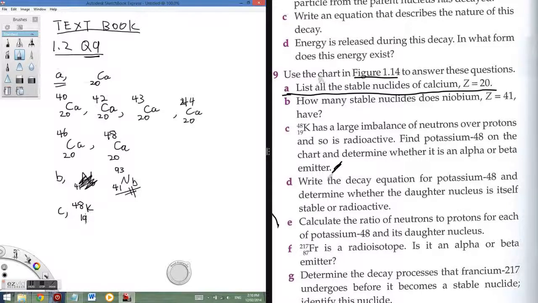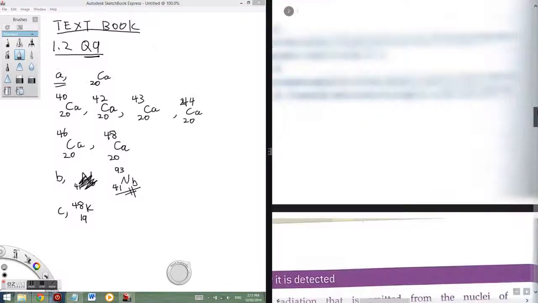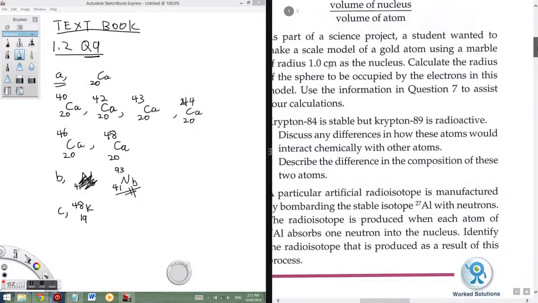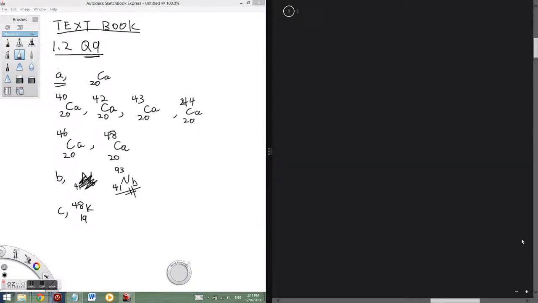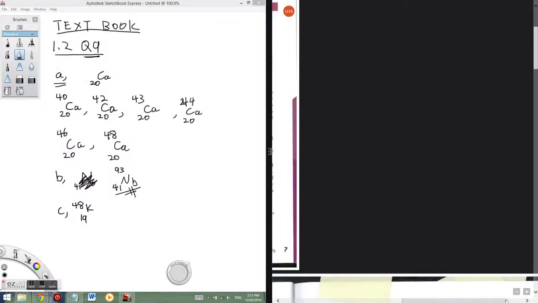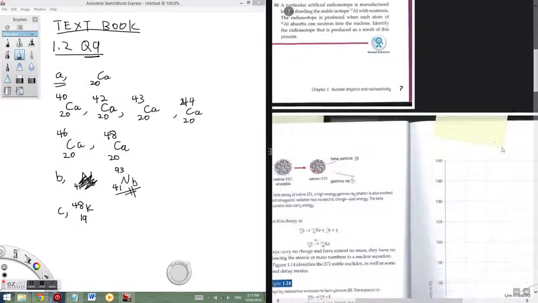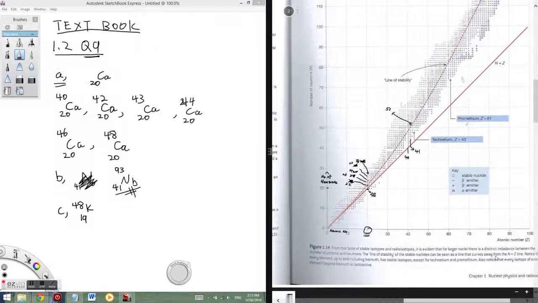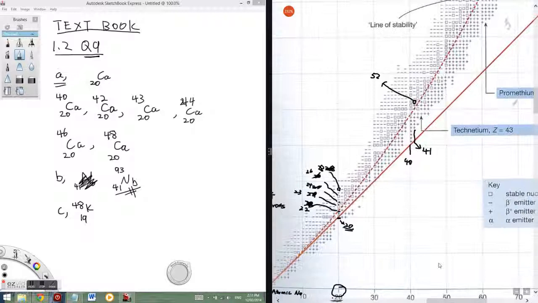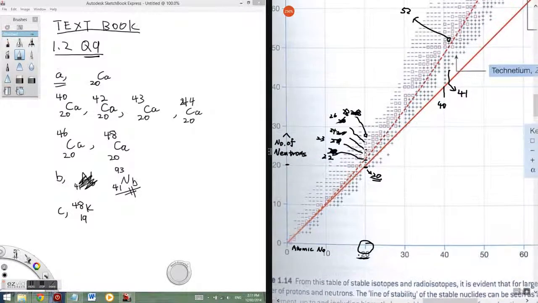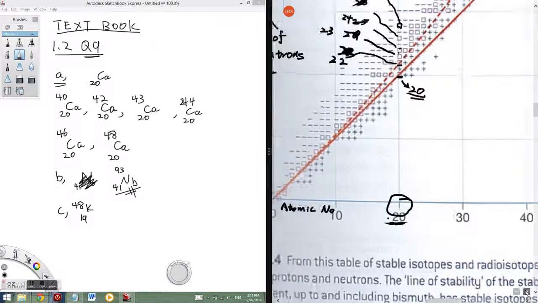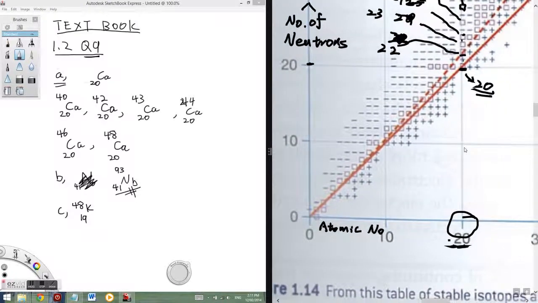We need to find potassium 48. Here, atomic number of 19. Yeah, it's in this column.